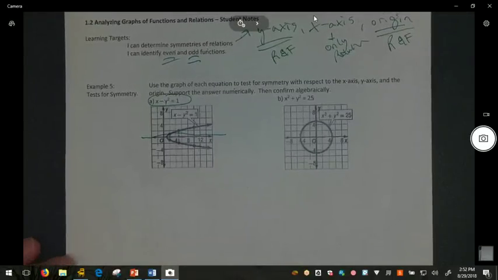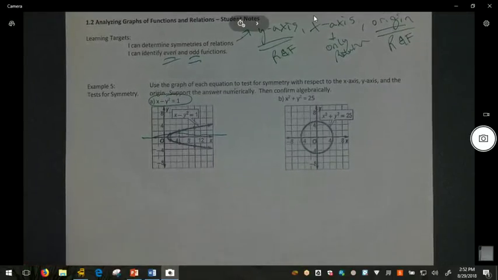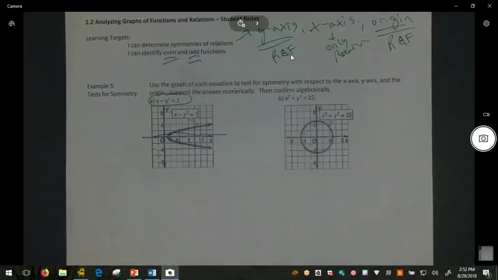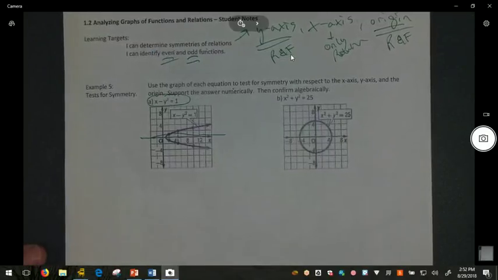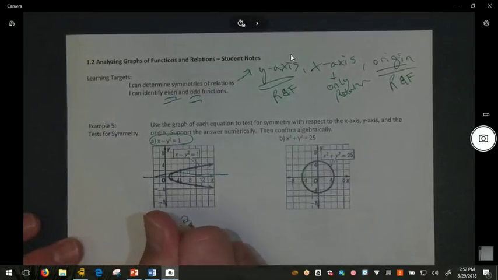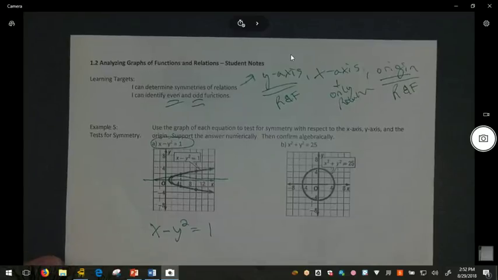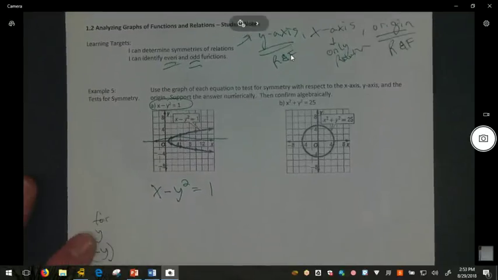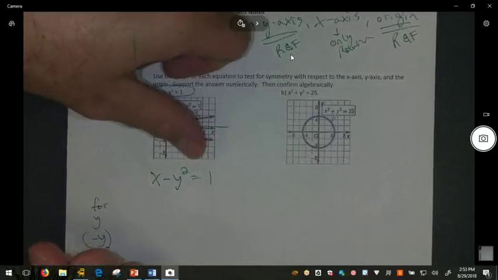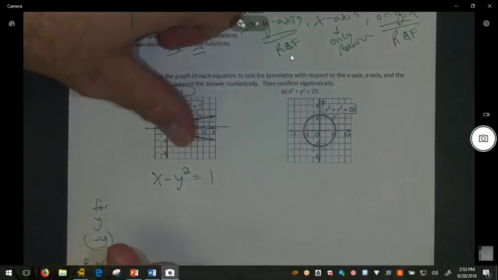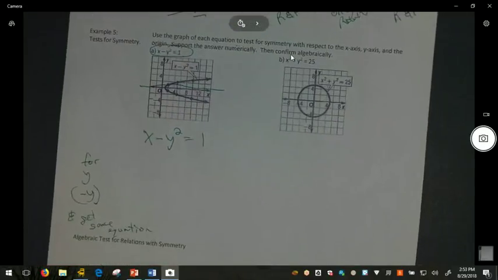If you plug in the opposite of y into the equation, so for this one right here, x minus y squared equals 1, if for every y you plug in the opposite, and you get the same equation, then it has symmetry with the x-axis.